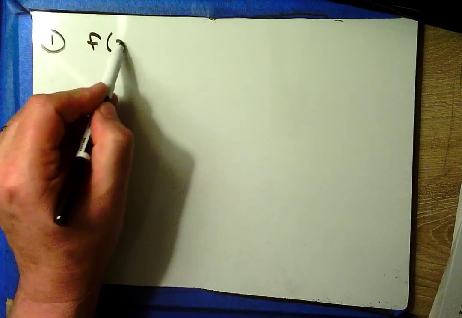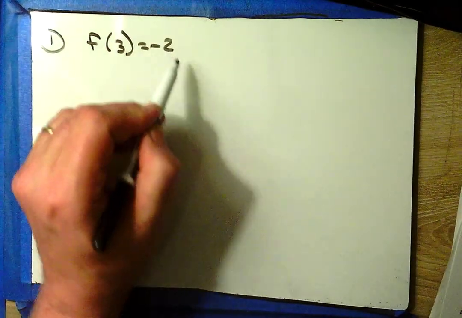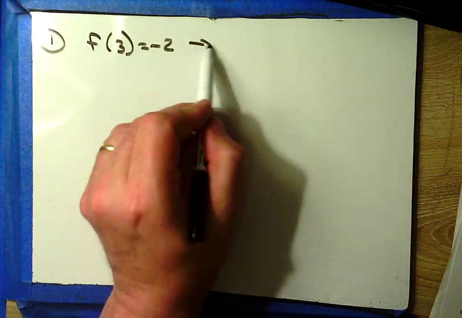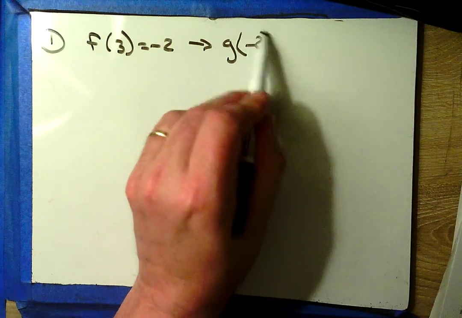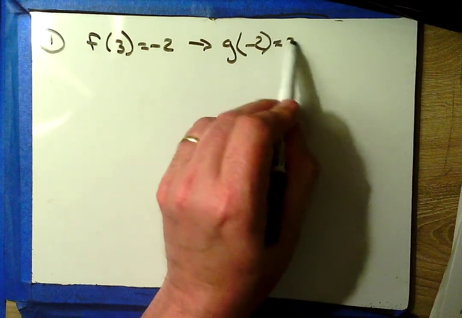Okay, 1. Let f and g be inverse functions so that they're differentiable for all x. f of 3 equals -2. So we know then that g of -2 equals 3.